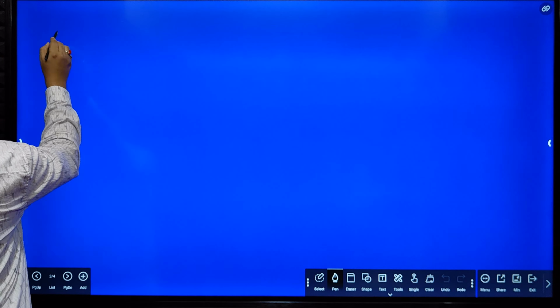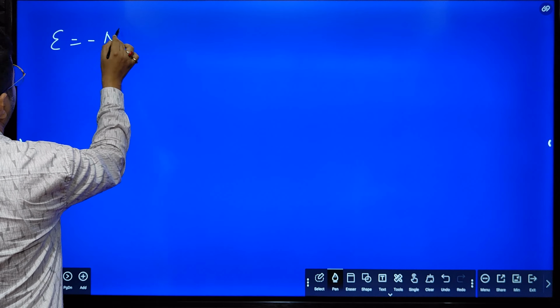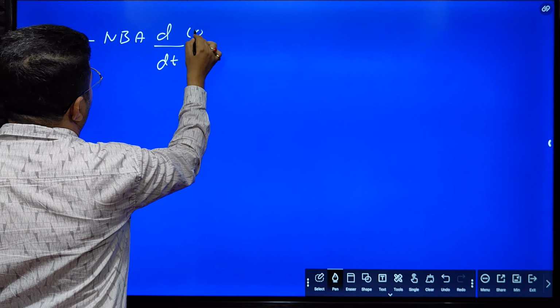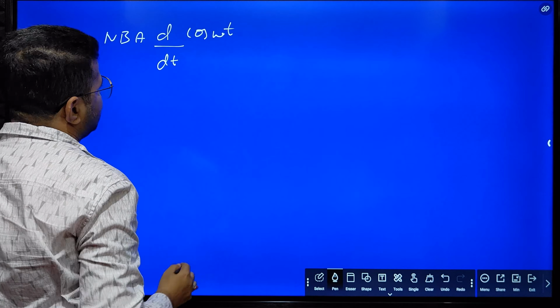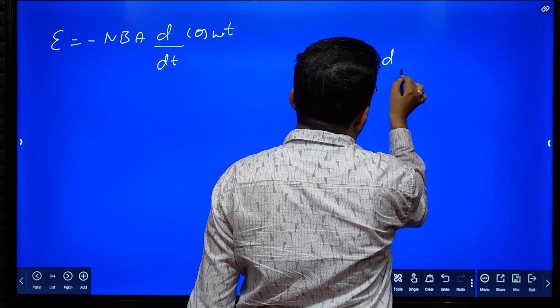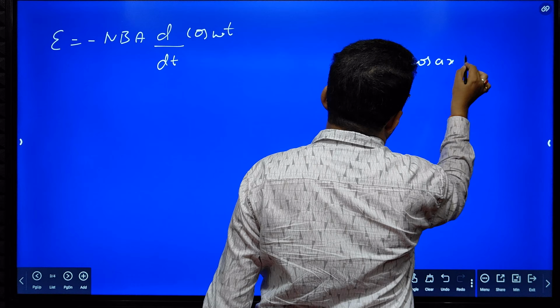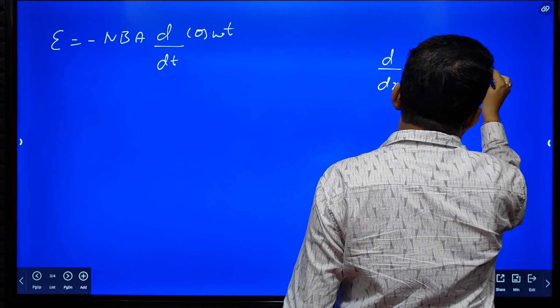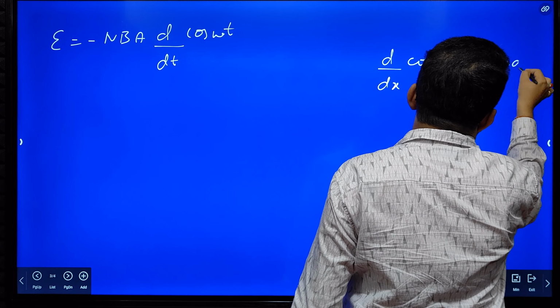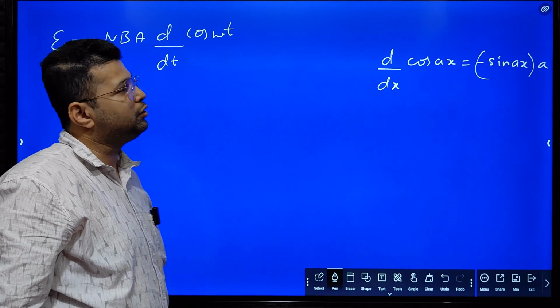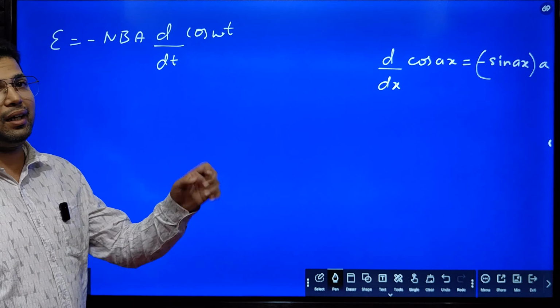E is equal to minus NBA into differentiation of cos omega t. So what is differentiation of cos ax? Differentiation of cos ax is equal to minus sin ax into a, correct na? Minus a sin ax.